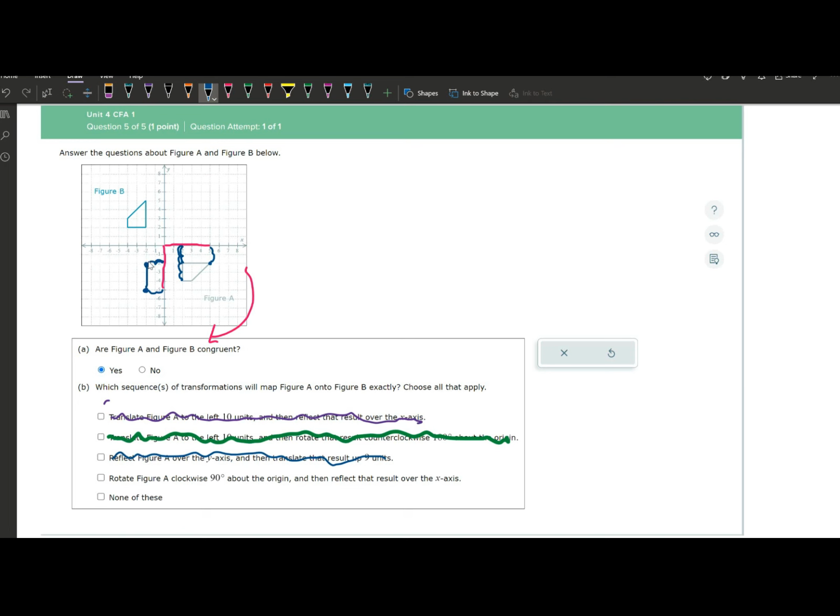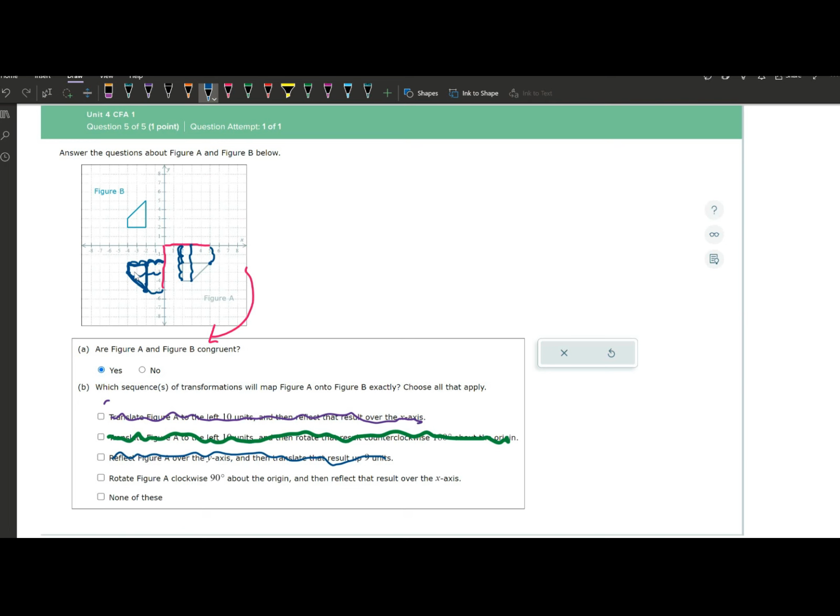So here my 2, 4 units away from 2. And this one is 1, 2, 3, 4 away from 3. So we look at something like this. Okay, that is a 90 degree clockwise rotation about the origin.